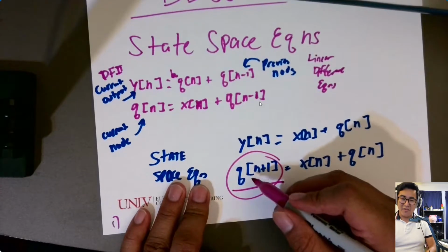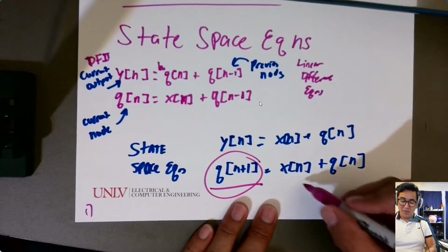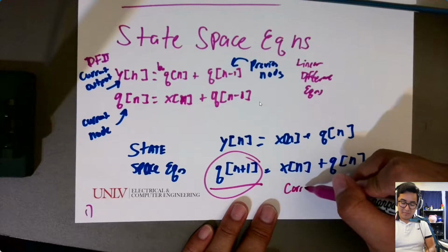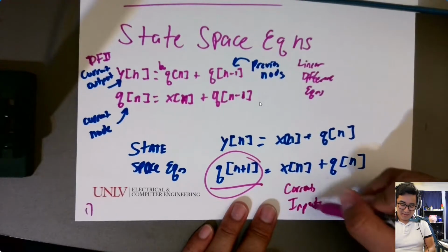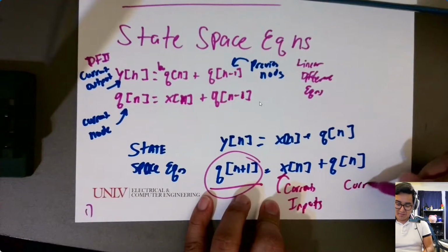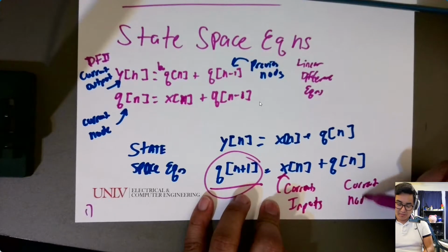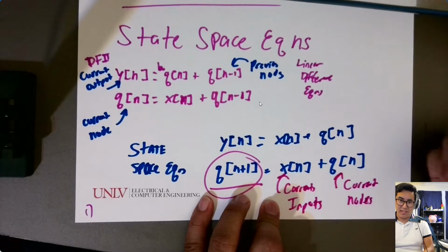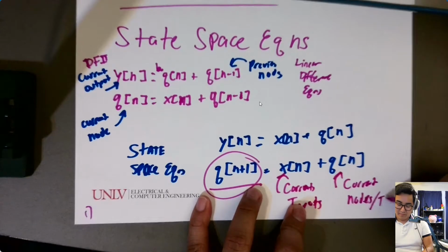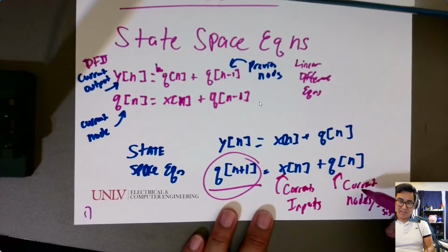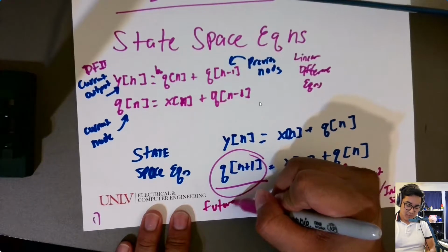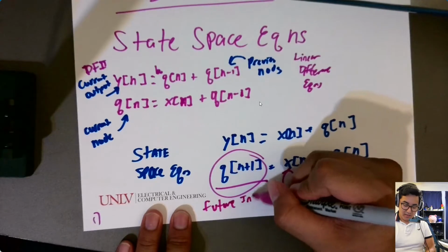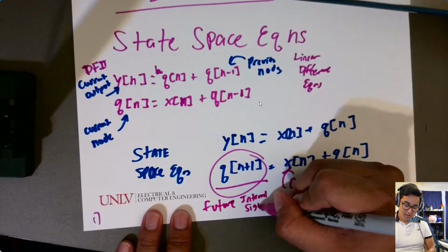So this is our internal node. Basically what we're doing is we're taking our current inputs and our current nodes or internal signals, and we're using this to solve for a future value, a future internal signal.